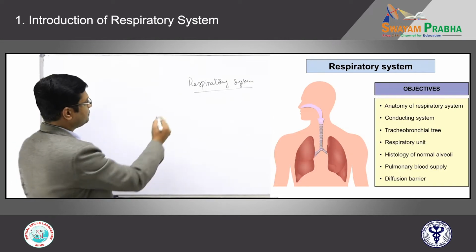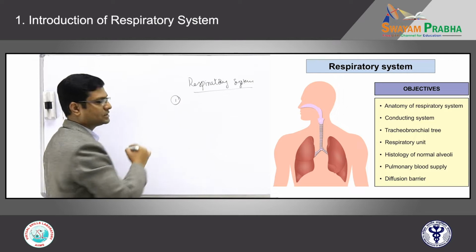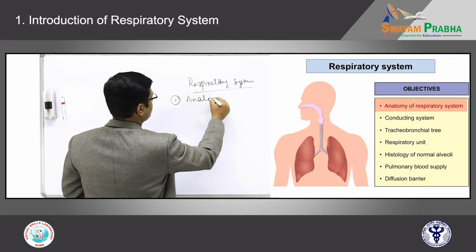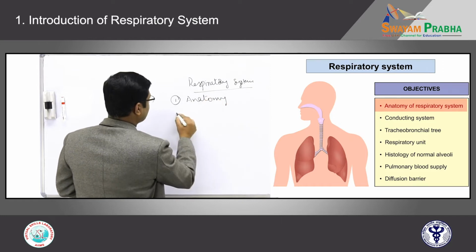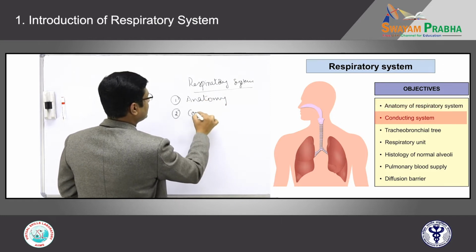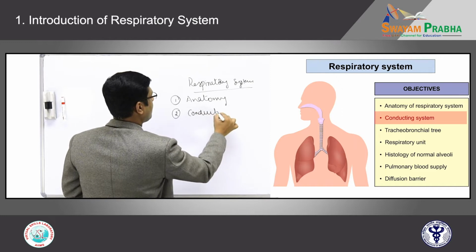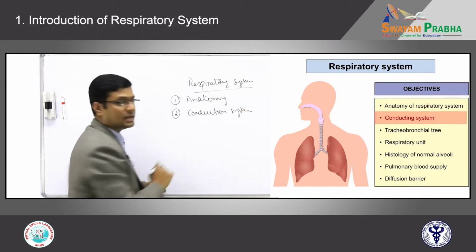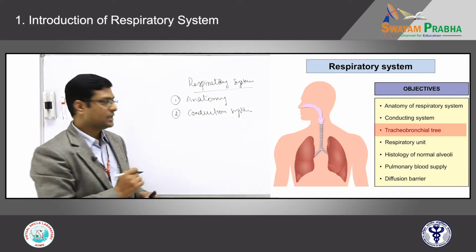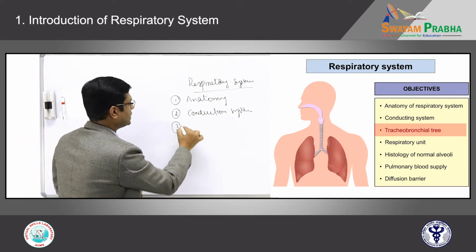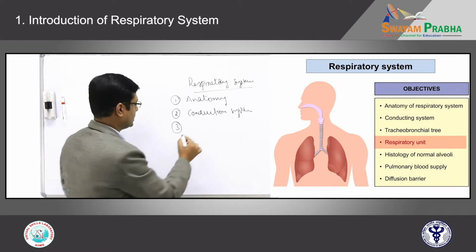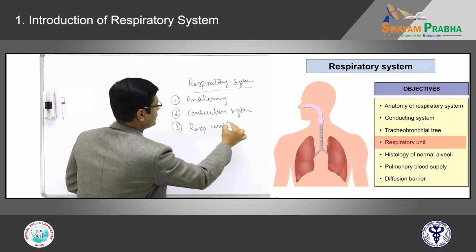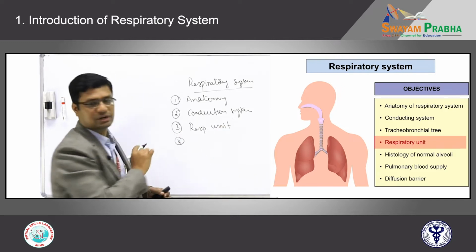Let's see the objectives in today's class. One is anatomy. We will see and learn what exactly is the conduction system, which includes mainly the tracheobronchial tree. Then we will see the meaning and definition of respiratory unit.